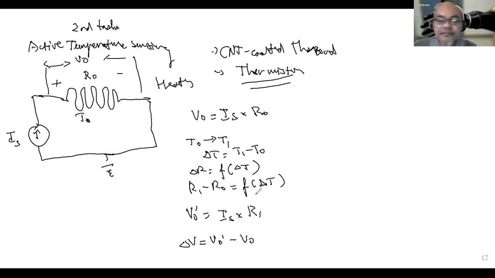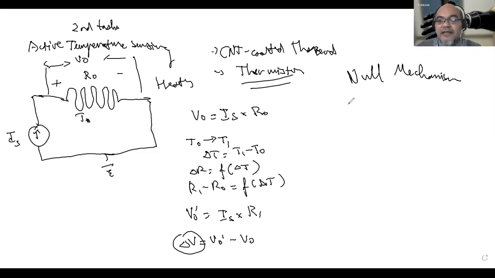Now, the idea is that what we call active temperature sensing is using a null mechanism. So this value delta V has to be made 0 again.